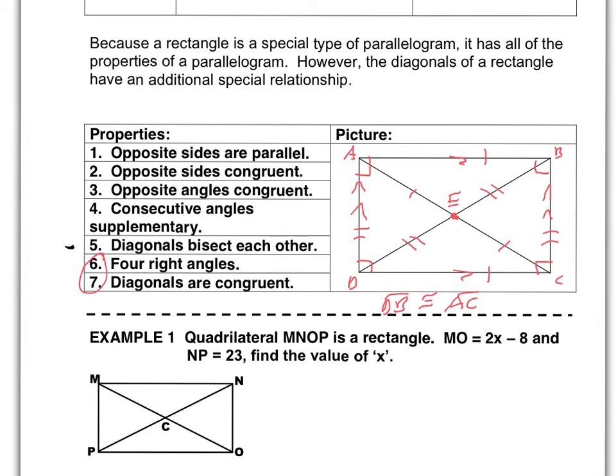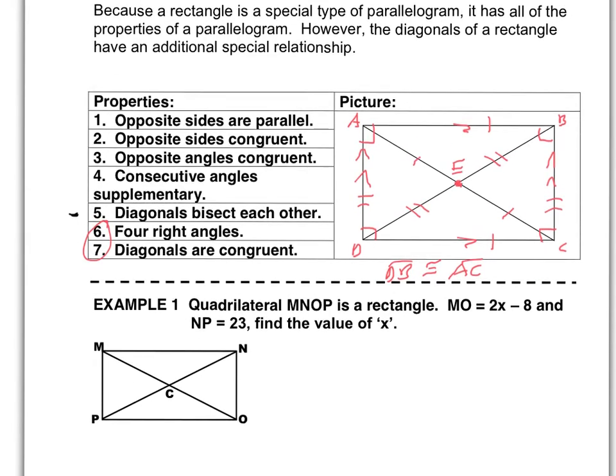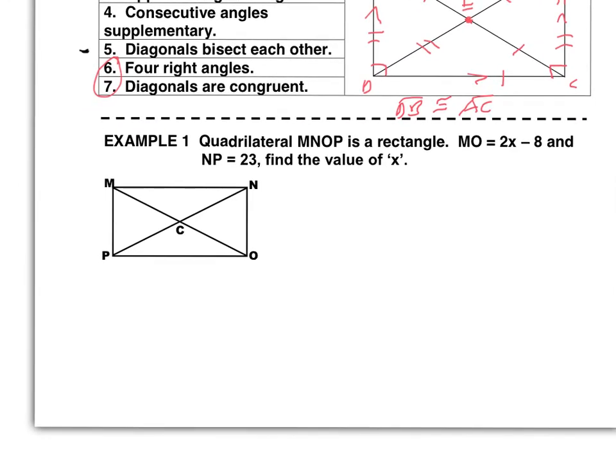So the two diagonals as wholes are congruent to each other. So that's the special things about rectangles that are not necessarily true about all parallelograms. If we use these 7 properties or characteristics of rectangles, we should be able to answer anything they throw at us about a rectangle.